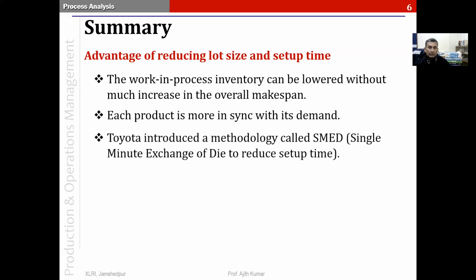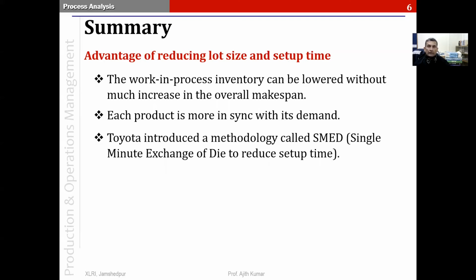The Toyota Motor Company introduced a methodology called SMED, single minute exchange of die, to reduce setup time. This effort was led by a well-known engineer called Shigeo Shingo. And Shingo's attempts to reduce the setup time were actually motivated by the need to reduce inventory by reducing lot sizes.